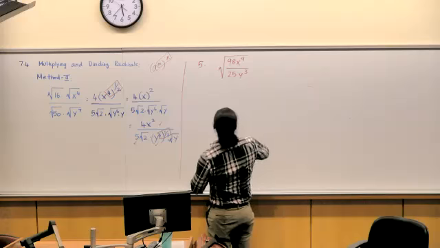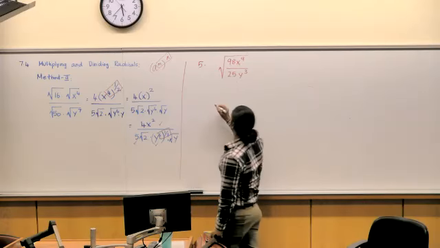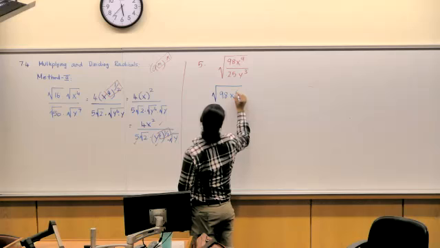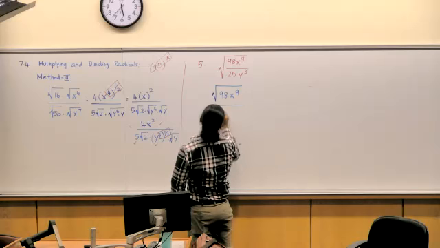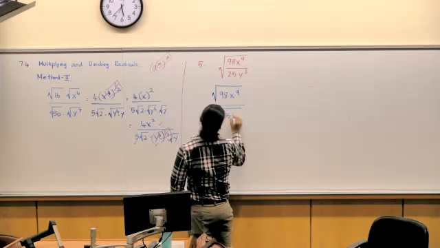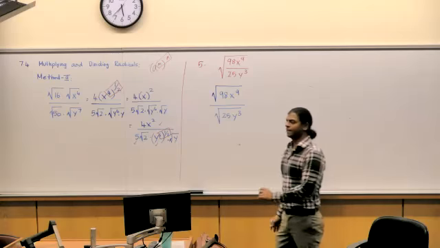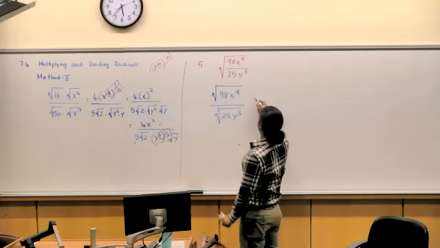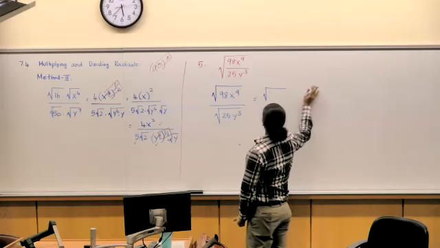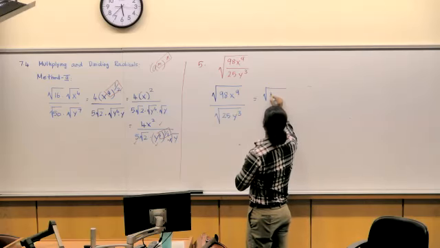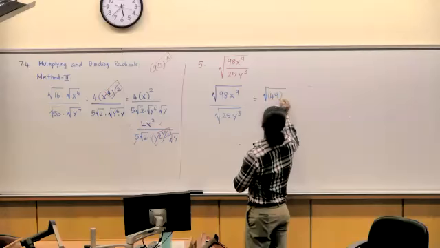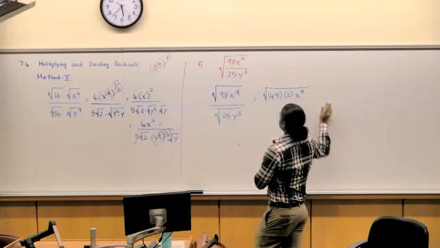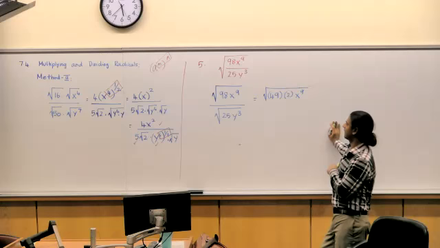First step would be to split the numerator and the denominator. Then we simply have to split it in terms of perfect squares. I can write 98 as 49 times 2, and x raised 9.